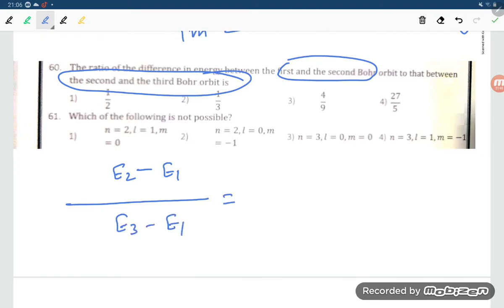So that energy they are asking, right, student? So let us do it. For the second orbit, how can you write it? 13.6 into Z square upon n square.